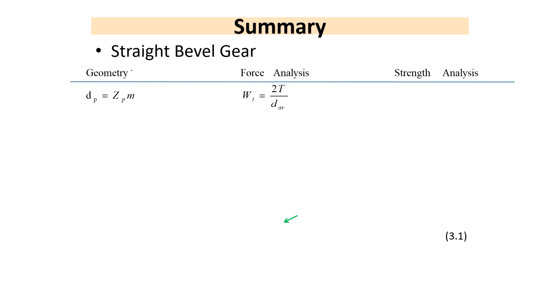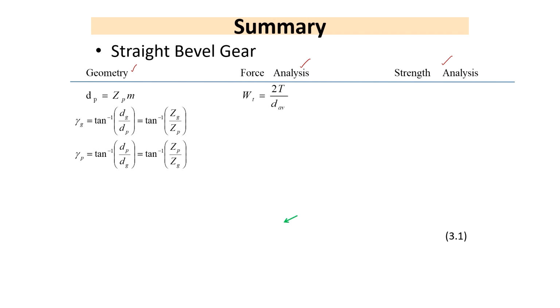We must determine the geometrical parameters of the gear, and then we should do the force analysis to get the transmitted force, axial force and the radial force on the gear, and then the strength analysis. So, from the force analysis, we will know the stresses which will act on the gear tooth, and from the strength analysis, we will find the strength of the material of the gear and pinion under bending and contact stresses.